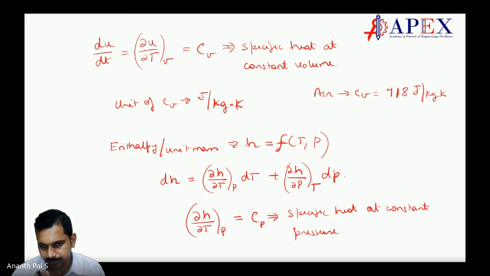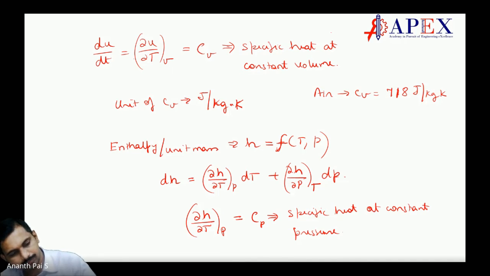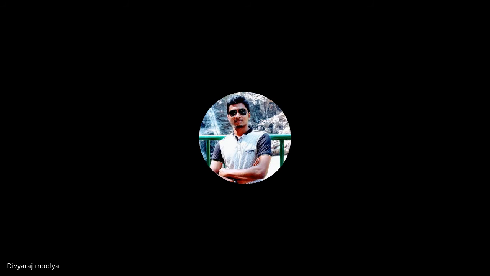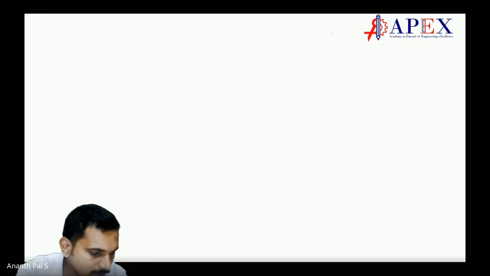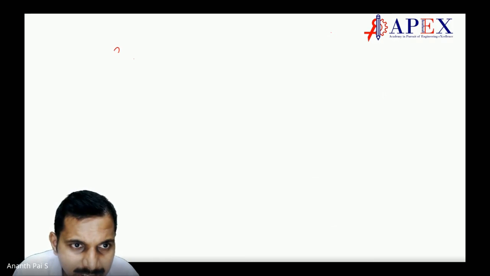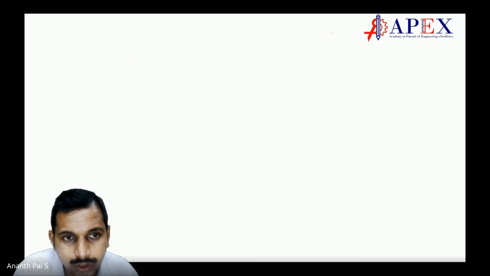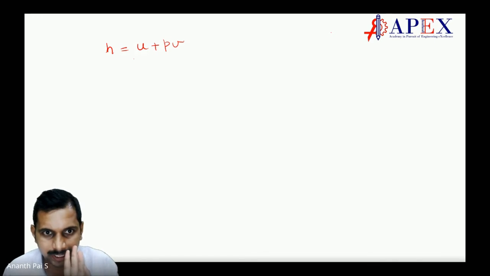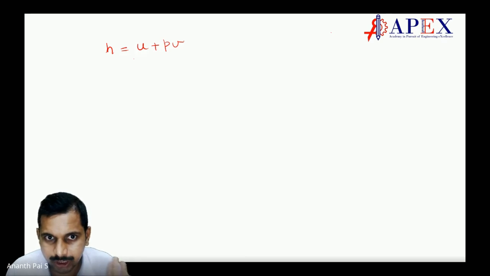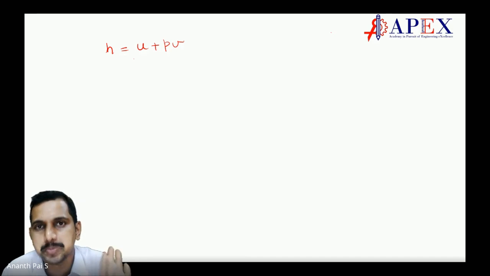Done, students? Very good. Now let us go further. If I consider H, what is H? H is nothing but U plus PV, that is, internal energy plus pressure into specific volume.